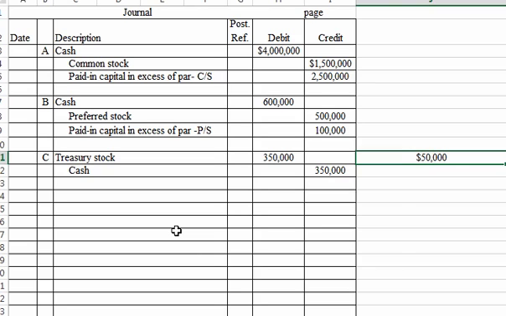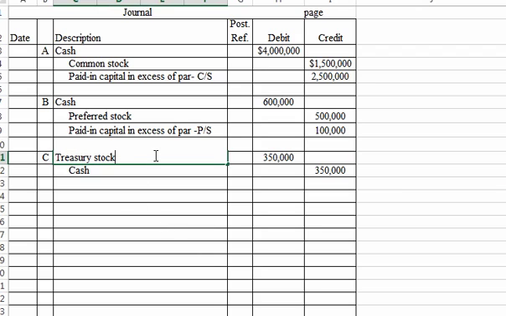They give you the price here anyway. It's irrelevant. In the previous text, we had to calculate it. No problem here. I'm just going to put in cost. $7 per share.